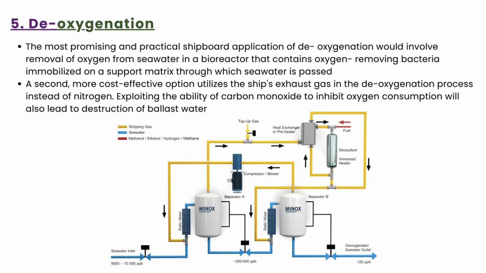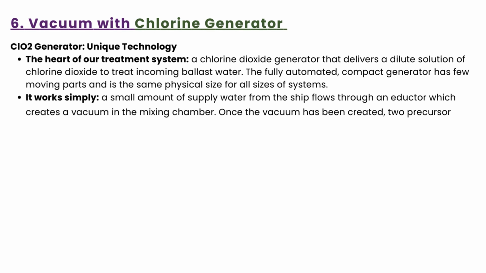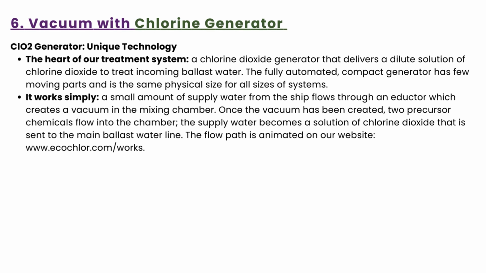The last is vacuum. At the heart of the treatment is a chlorine dioxide generator that delivers a dilute solution of chlorine dioxide to treat incoming ballast water. The fully automated compact generator has few moving parts and is the same size for all sizes of system.